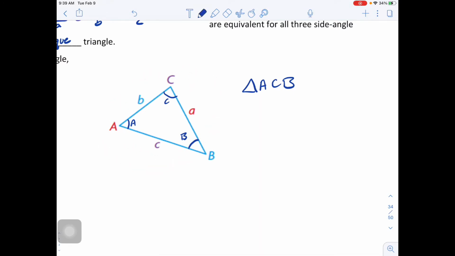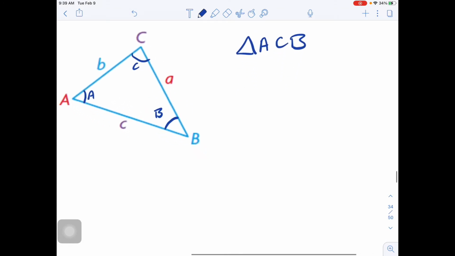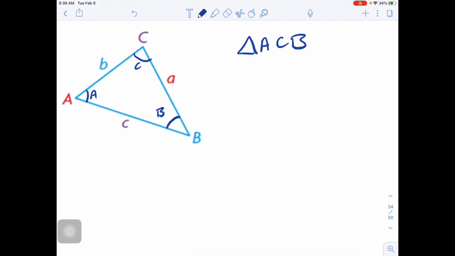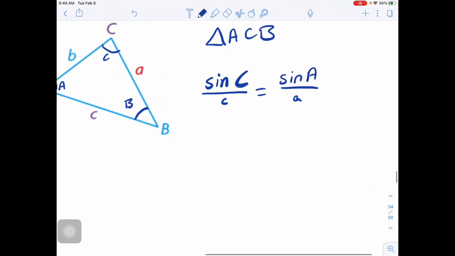Because the neat thing about your sine law is the fact that if we take sine C, so capital C, which is our angle, and we put that over little c, our leg, this is equal to sine A over little a. It's also true if we take sine B and put it over little b.